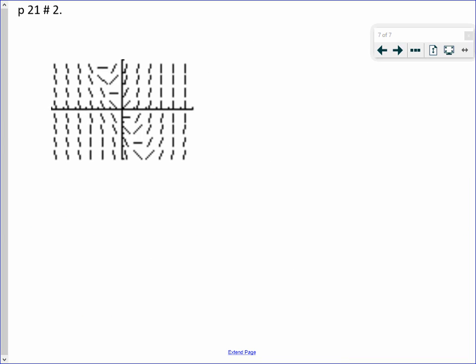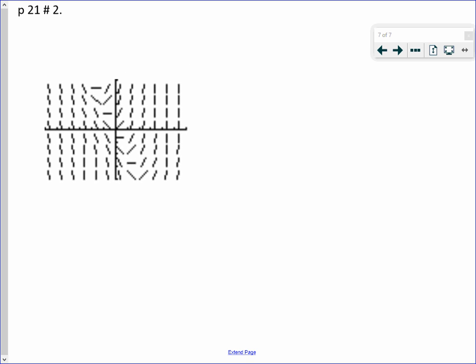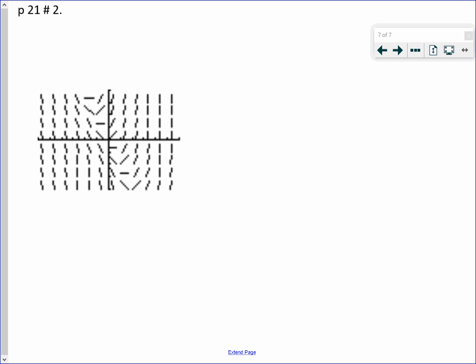This is number 2, page 21. The book has a much better graph than I do. This is just what I copied off my calculator, so you should look at the book's picture because it's a lot better. What they want us to do here is the differential equation dy/dx equals 2x plus 1.